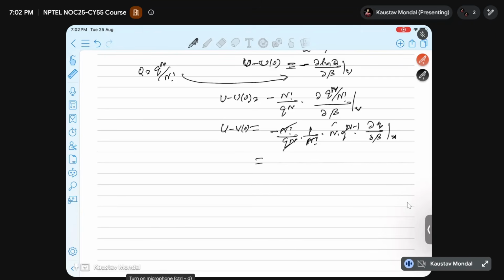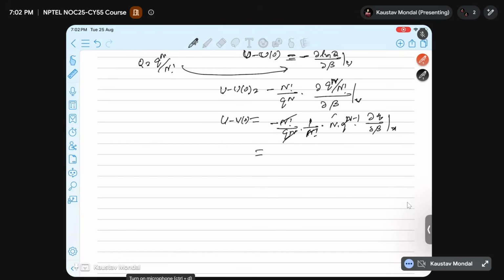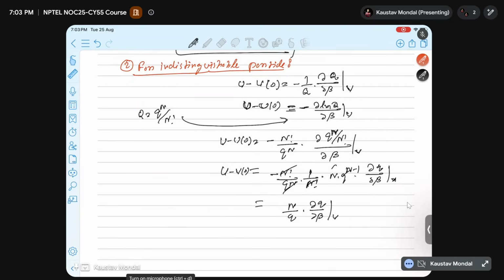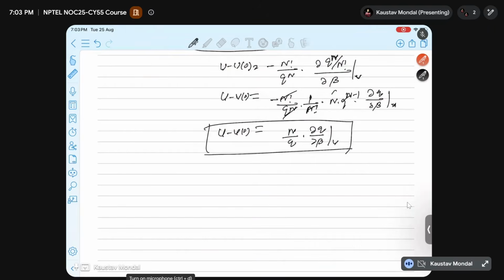So from here you can write it as minus n by q into del q by del beta at constant V. As you can see, for both cases, surprisingly, you get a similar value of internal energy. So for distinguishable as well as indistinguishable particles, the internal energy expression remains the same.